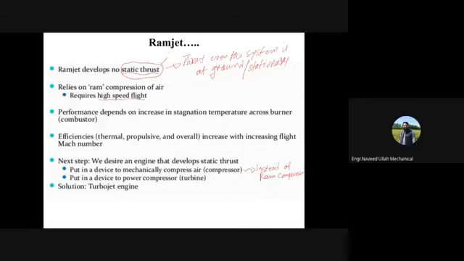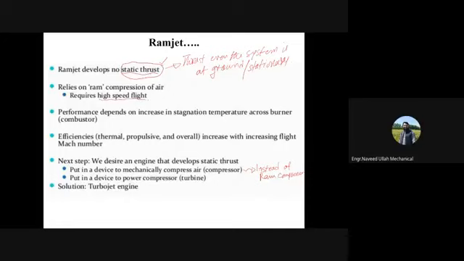And the reason I told you is because there is no ram air compression. बात समझ आ गई आपको ना. ठीक है, you need to fire it, you need to give it a certain velocity in order to initiate this ram air compression. तो ये एक इसका लिमिटेशन है, आप देख सकते हैं. Ramjet develops no static thrust.